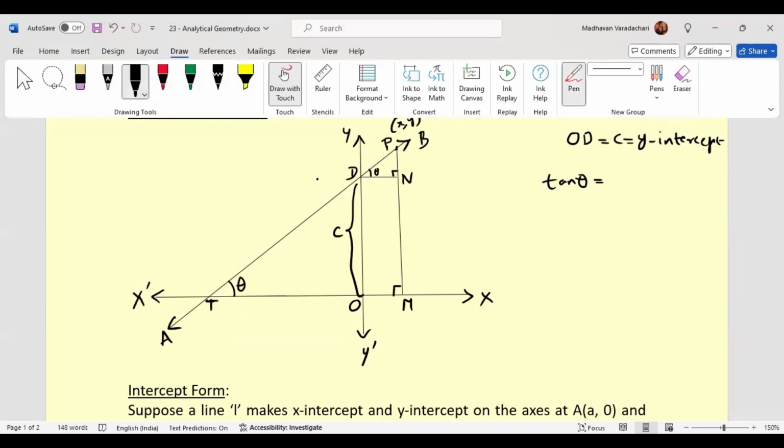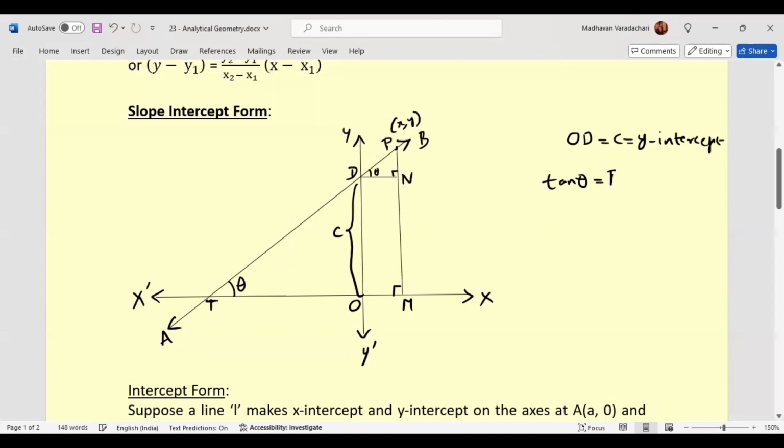Here you have just drawn a perpendicular PN. So this tan theta we are going to evaluate. If I evaluate this tan theta, it becomes PN divided by DN. Now what is PN? PN is nothing but PM minus NM. What is DN? DN is nothing but OM. Now what is PM? PM is nothing but x. NM is the same as OD divided by, this is again tan theta.